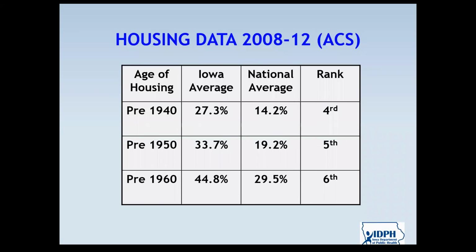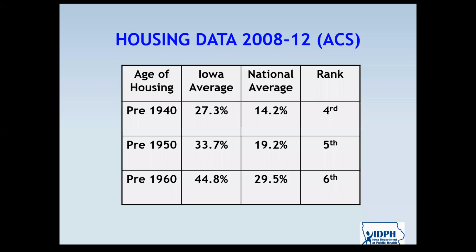Here we can see how Iowa compares to the national average in pre-1940, pre-1950, and pre-1960 housing. It also shows how we are doing compared to the national level.